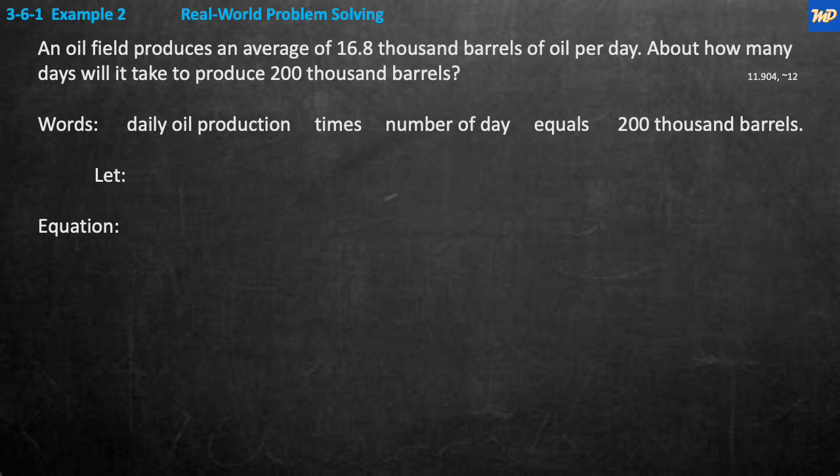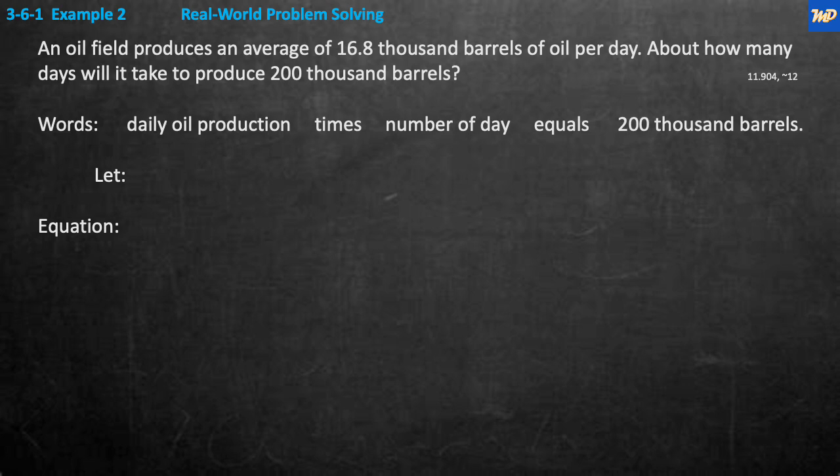The daily oil output times some number of days will equal 200,000 barrels, producing 16.8 thousand every day.